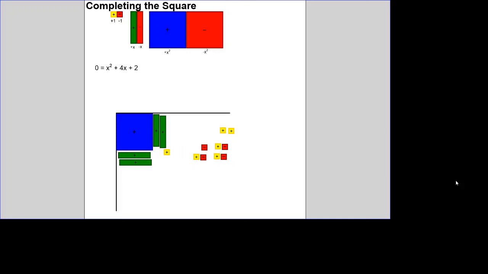The 4 positive 1s complete the square. And I can now make my expression. We have x plus 2 and x plus 2. And what I have left outside of my square is a negative 2.